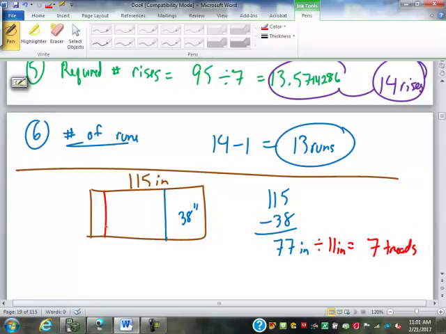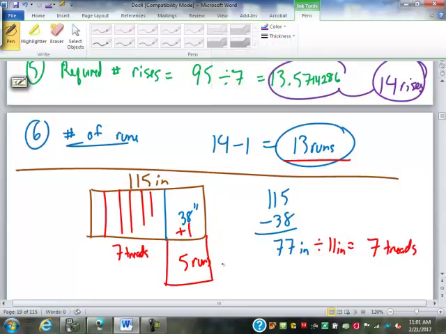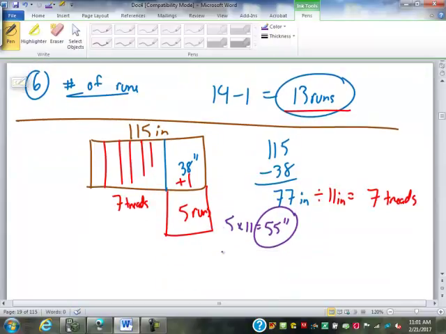So we have here 7 treads plus a tread for the landing. That is 8 treads, 8 runs. We need 13, so that means this way we have to go with 5 runs. So that's going to be 5 times 11, or 55 inches that way. So this here is 55 inches or 4 foot 7 inches.